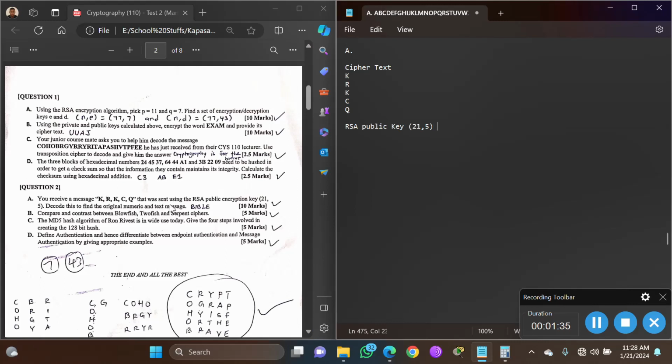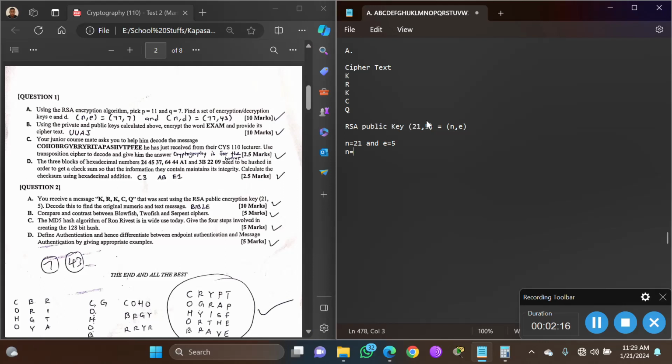First of all, we need to understand that a public key is denoted by N, E. E is for encrypting, because it's a public key. I'm sure by now you know. From this we can tell that N is equal to 21, and E is equal to 5. Now, how do we calculate N?